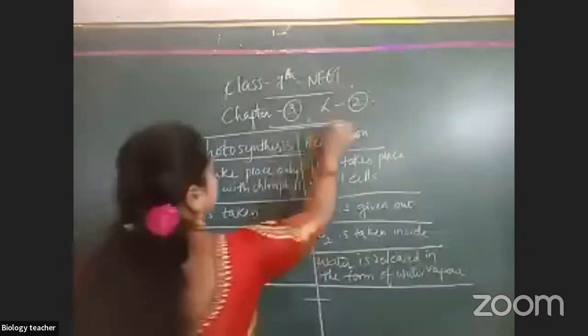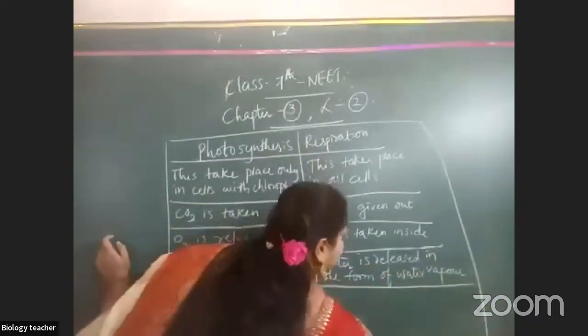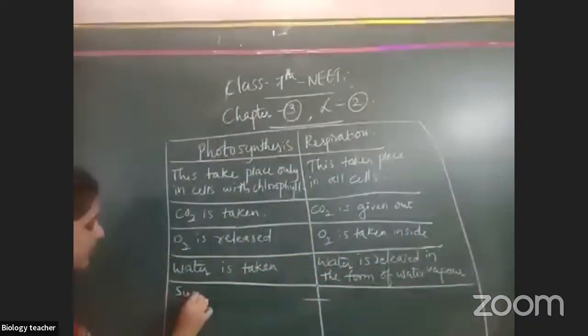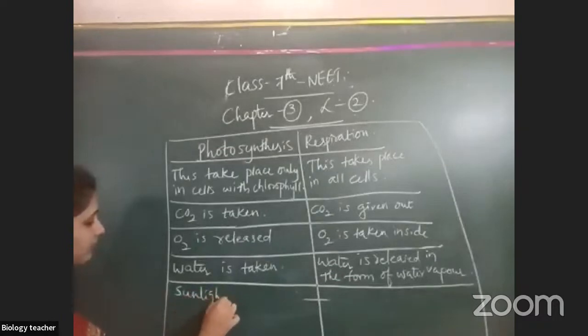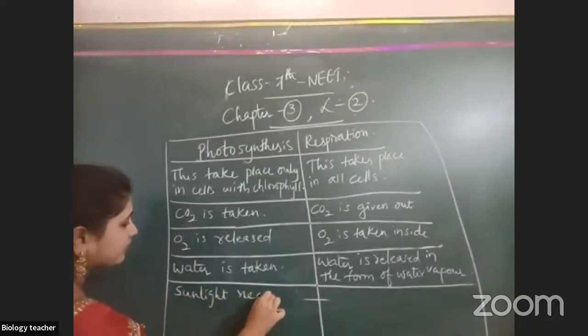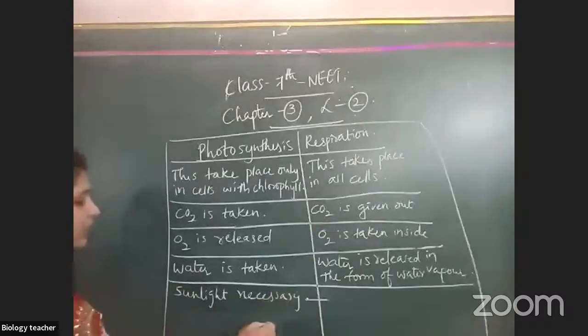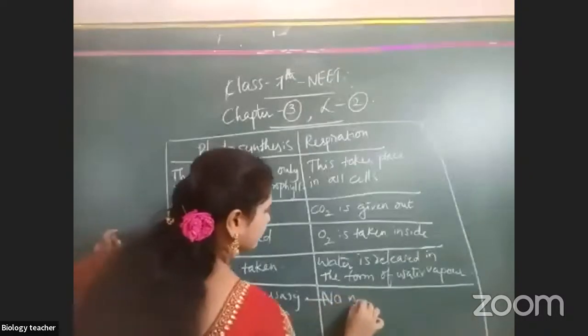So photosynthesis takes place in the presence of sunlight, no? So sunlight is necessary. For respiration, no need of sunlight.